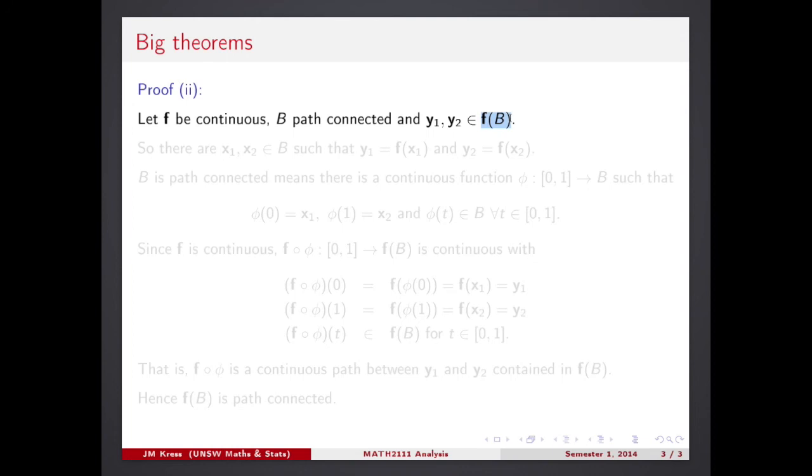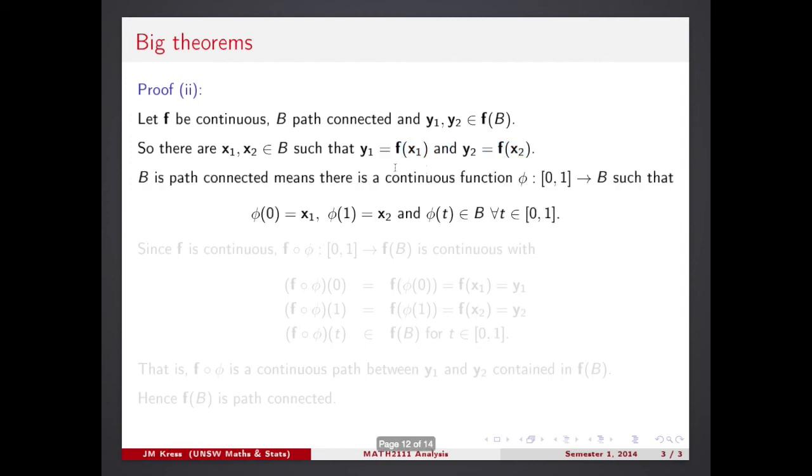Because these points come from the image, they must have some pre-image points, x1 and x2, in B itself. B is path connected, so we can connect these two points. So there's a map phi from [0,1] to B, which takes x1 and x2 as the endpoints, and which is continuous. That's an important remark.